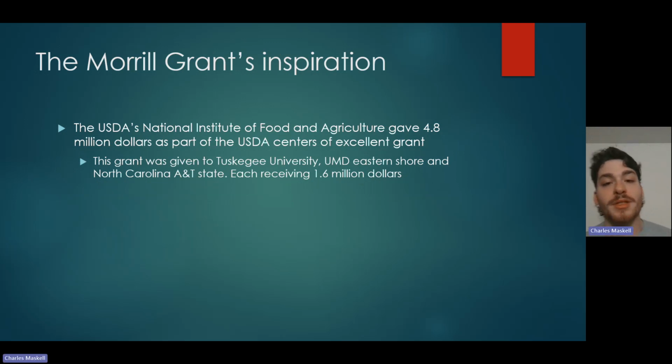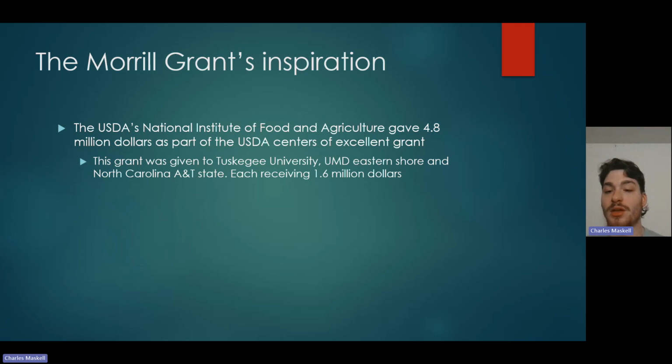So my presentation is about the Morrill Grant, obviously, but it's gone farther than that. It's inspired other grants and the USDA to do other things. The USDA National Institute of Food and Agriculture, who is in charge of these grants, gave $4.8 million in total to different universities, calling it the USDA Centers of Excellence grant.